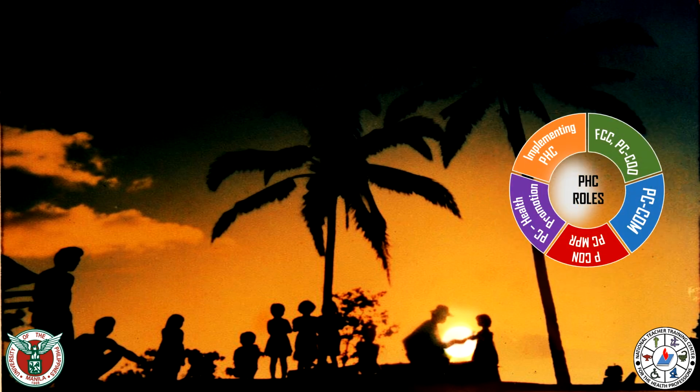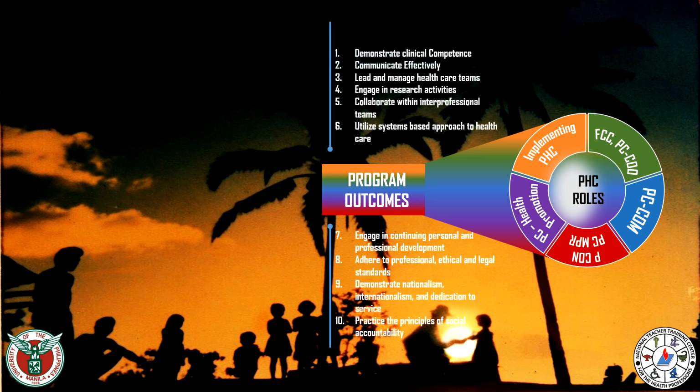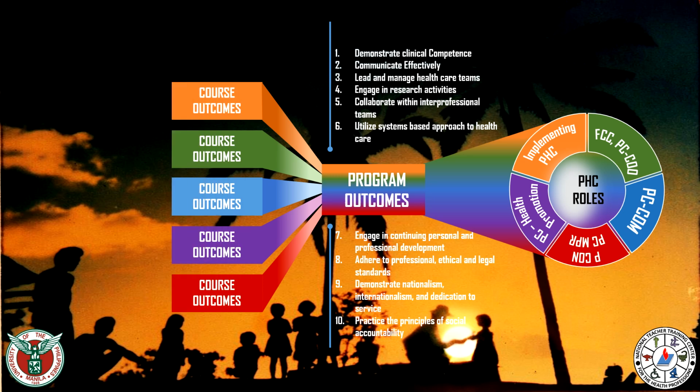So we will go back to the roles. Here, the roles of primary care providers can be converted into statements of program outcomes, meaning all of this together should be able to address the five major roles that you see here, or combination roles as you see in the illustration.